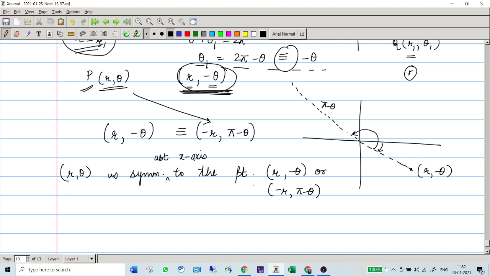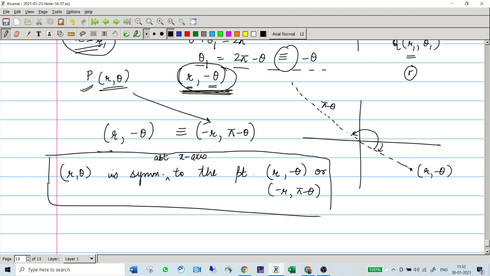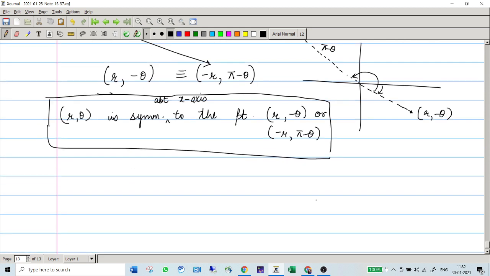So the points which are symmetric to this particular point (r, theta) about the x-axis can be represented as (r, minus theta) or (minus r, pi minus theta). So this is the conclusion of the story when we are talking about symmetry about the x-axis, right?